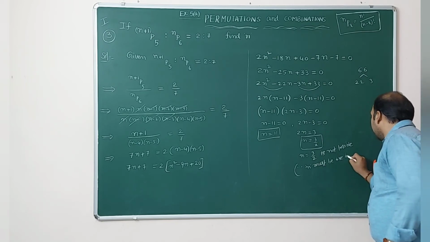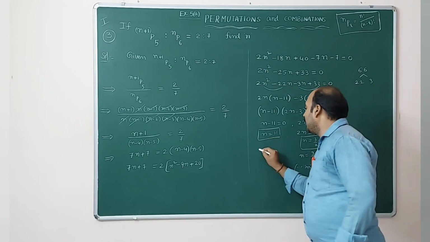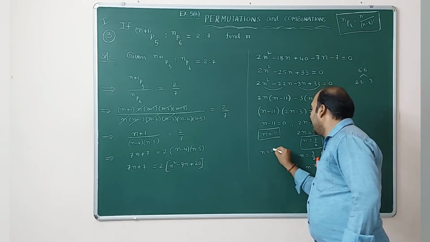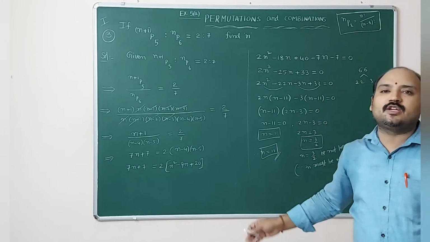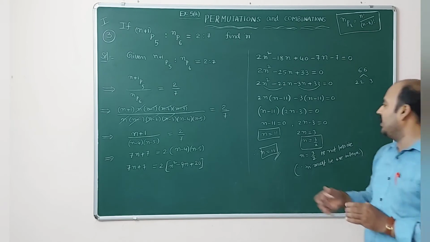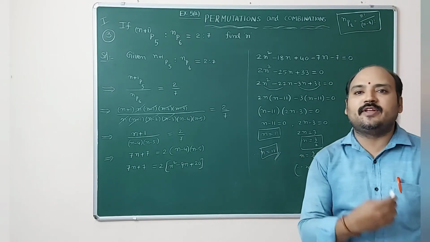Therefore, the possible value of n is equal to 11. It should not be in p by q form; it should be like n is equal to 11. We'll move to the next one.